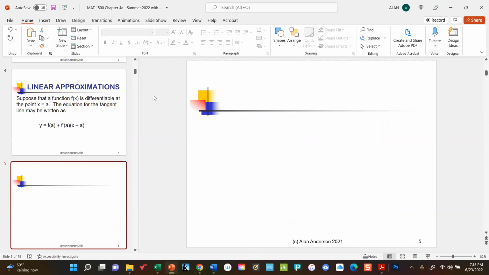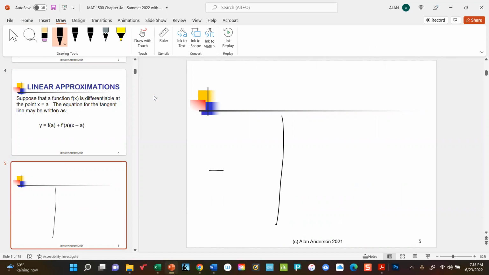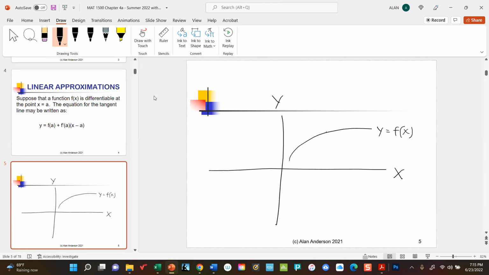So if we had something like this, let's say this is our function, and we're interested in the behavior of the function at this point A. And so we can describe a tangent line here.